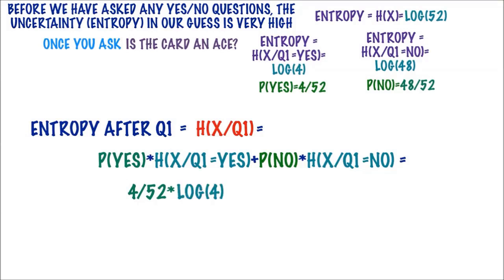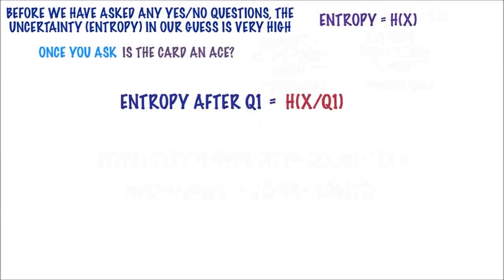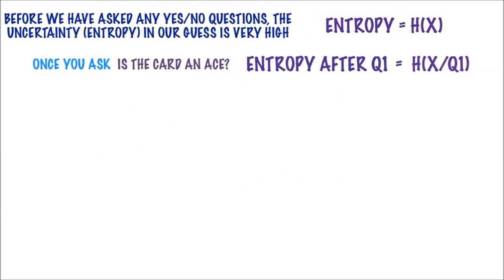This will be 4 over 52 multiplied by log of 4, which is the entropy if you get the answer yes, plus 48 over 52 multiplied by log of 48, which is the entropy if you get the answer no. This entropy, h of x given q1, is clearly less than log of 52, which was the entropy before you asked the question. So by asking a question, we have reduced the entropy in answering which card our opponent holds.